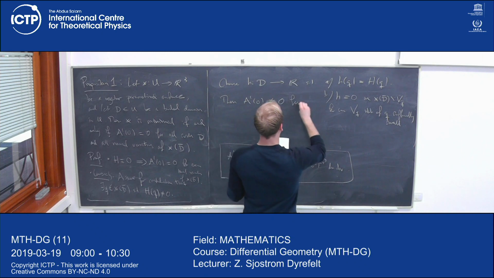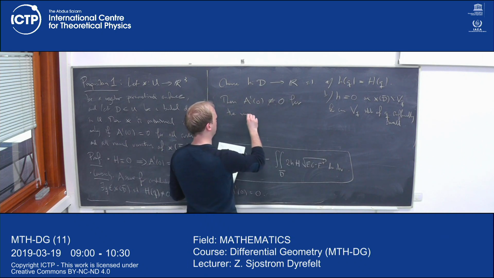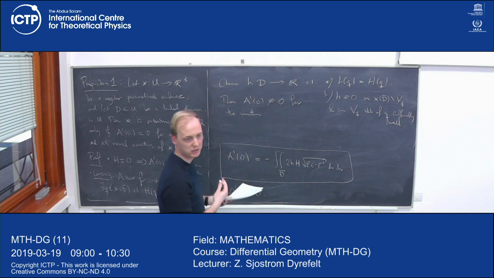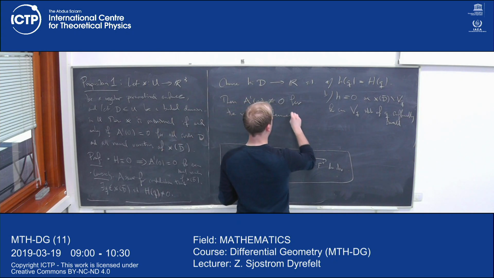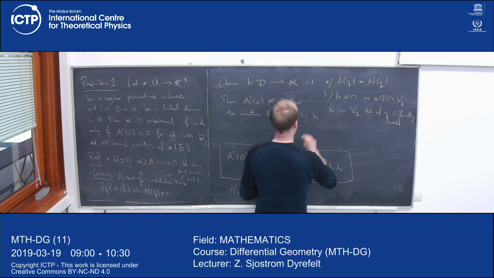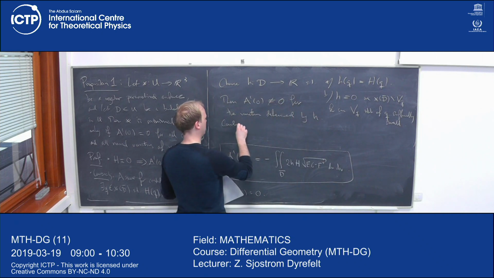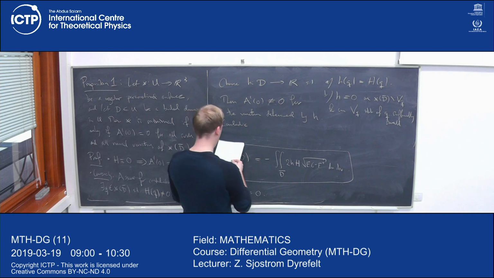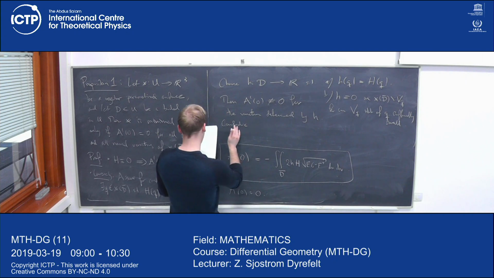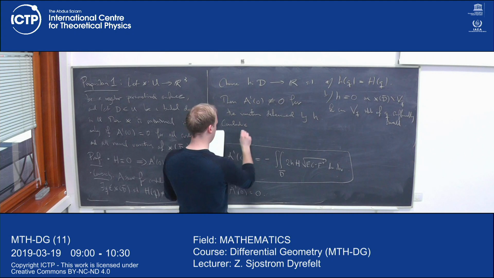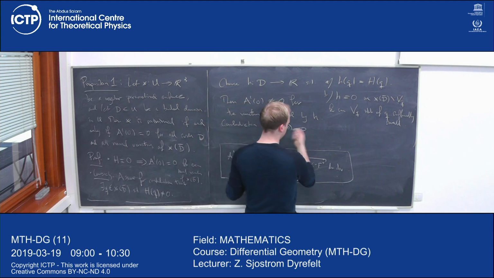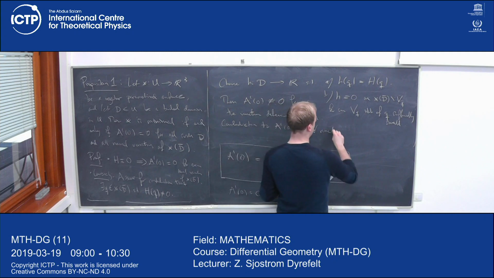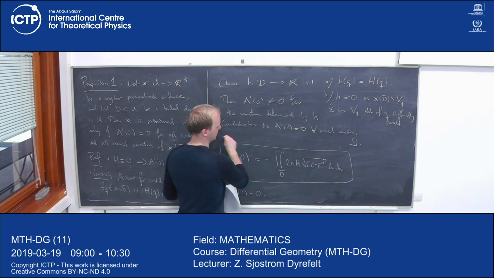For the variation, maybe not for all variations, but for this variation, and this is enough, the variation determined by h, this is a contradiction to the statement that A prime of 0 equals 0 for all normal variations. Okay? And this finishes the proof.